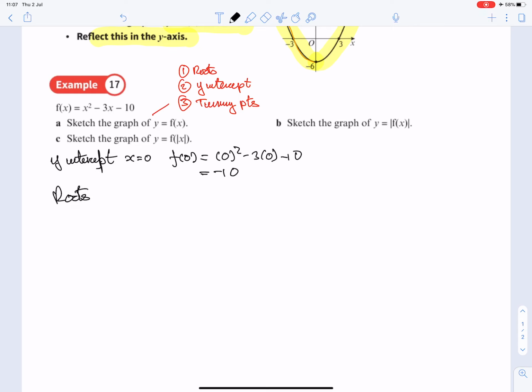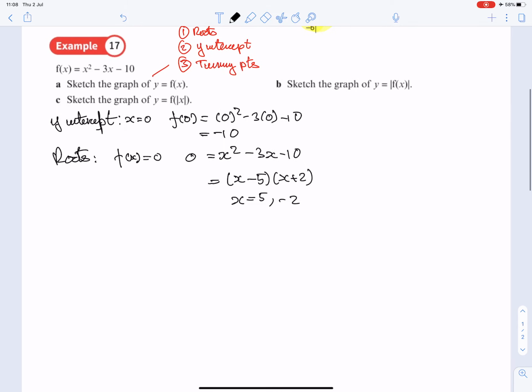Roots. The output's naught, so naught equals x squared minus 3x minus 10. Factorise, complete the square, or use the formula, whatever you want to do. (x minus 5)(x plus 2), so x equals 5 or negative 2 are my two roots. And then the turning point, we could differentiate and substitute back in.